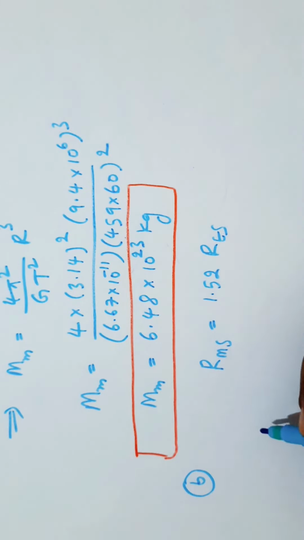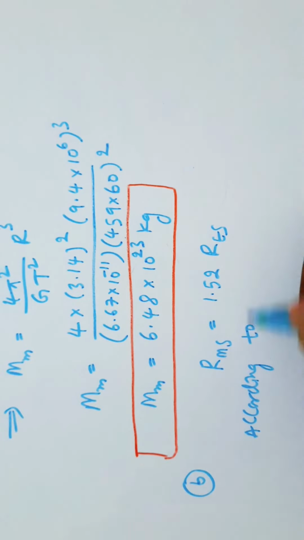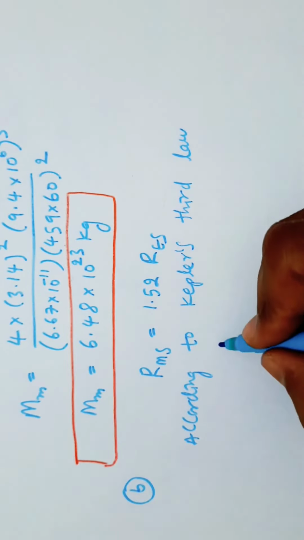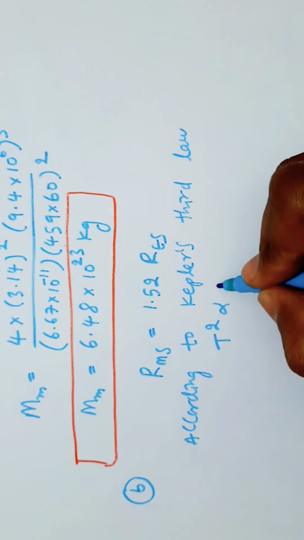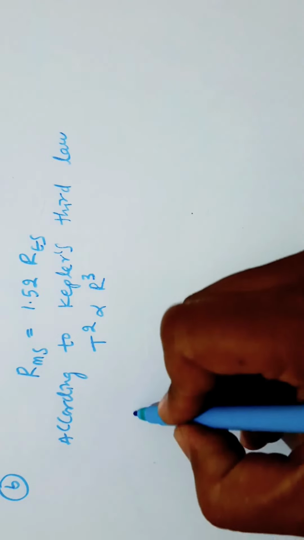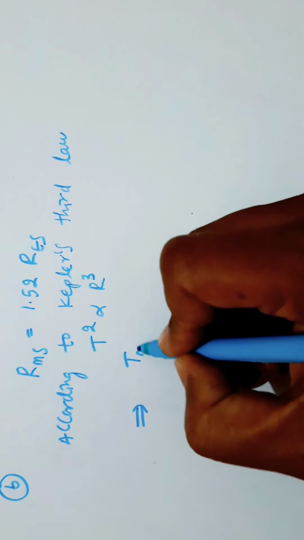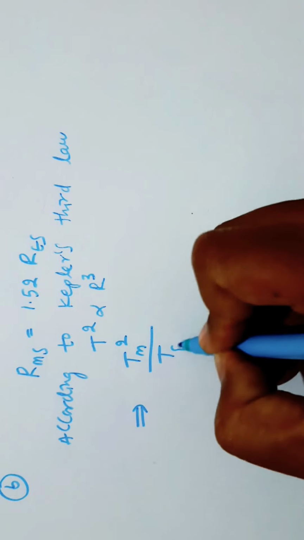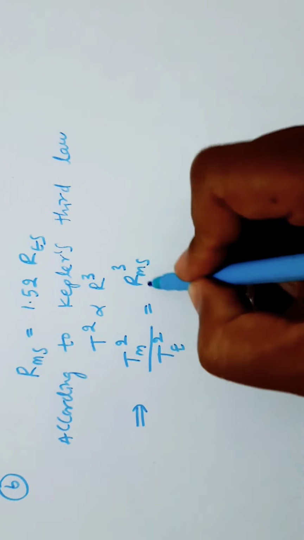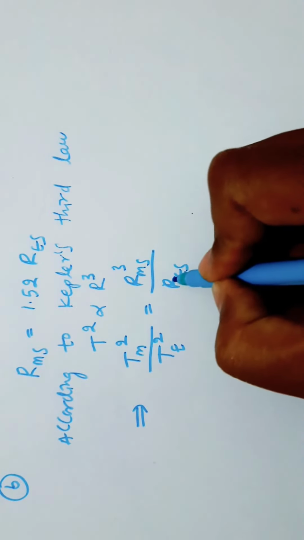So according to Kepler's third law, we have a formula that T square is proportional to R cube. From this we can write T_M square by T_E square is equal to R_MS cube by R_ES cube.